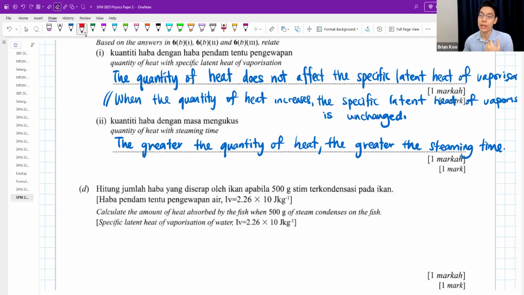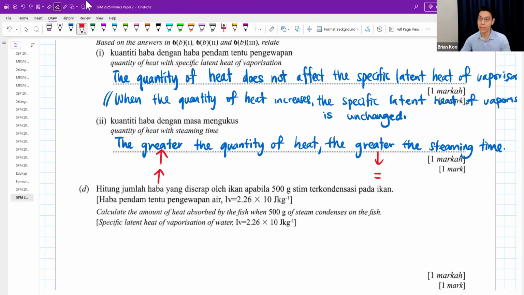Maybe your answer is the greater the amount of heat, then the shorter the steaming time. Also can, right? But if you wrote equal, you feel like they take the same amount of time, then maybe you can say the quantity of heat does not affect the steaming time. Or when the quantity of heat increases, the steaming time is unchanged.